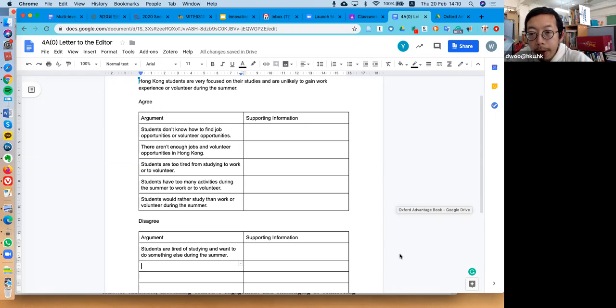Sure, Chloe, students want to gain work experience, they do, but why? Why do students want to work? Let's just put it that way. Keep going, keep thinking. Pensy, anything?